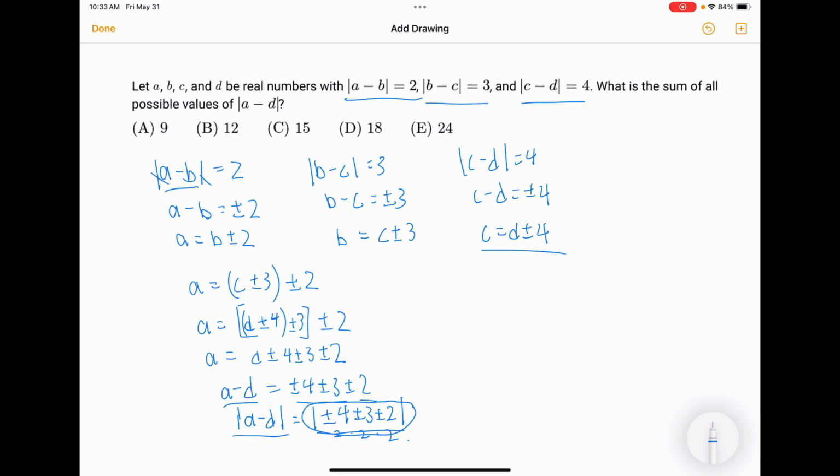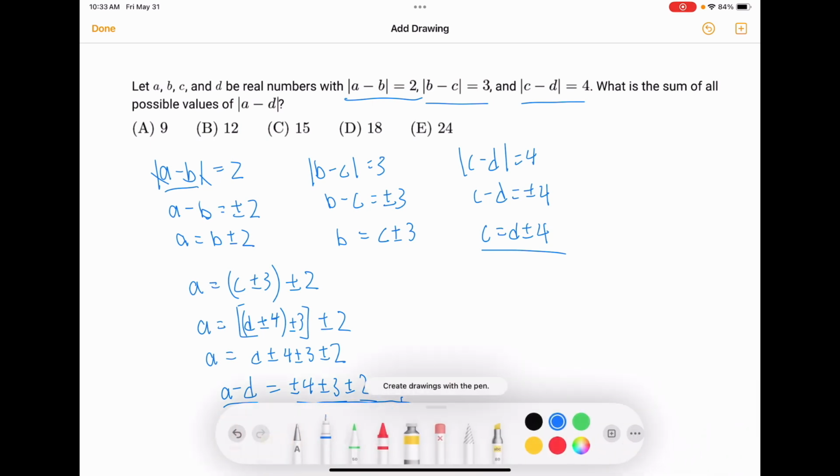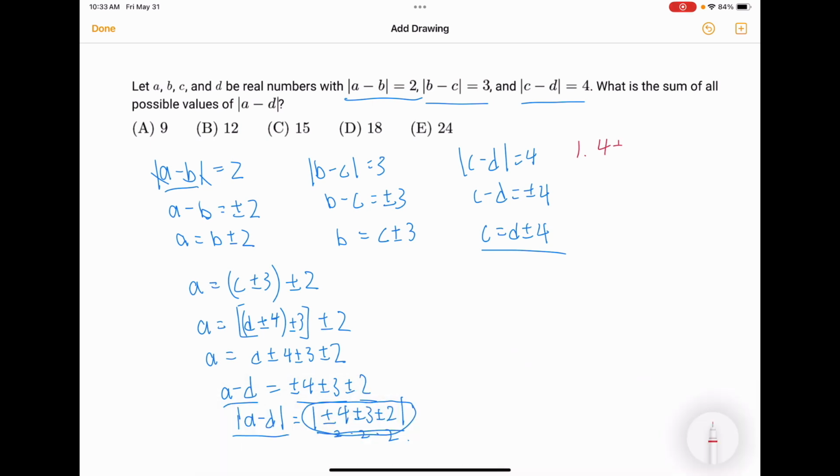And so we can just list them all out. As I said, there's not a lot. There's only 8. So you just need to make sure that you're not doing the same combination twice or many times. So for example, we can start off with the basic one, 4 plus 3 plus 2.